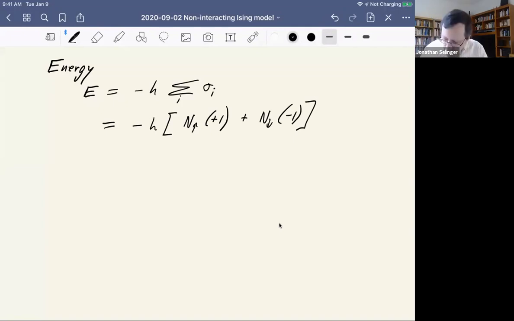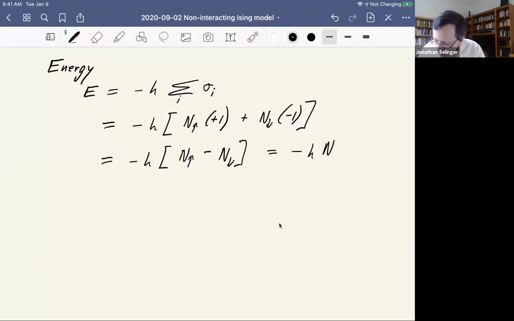So this quantity is -h times n up minus n down. That's the same as -h n times this order parameter m.